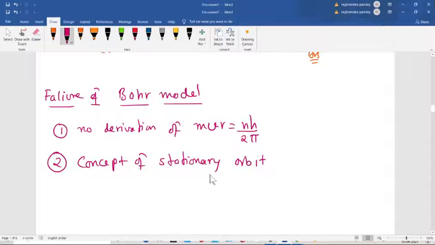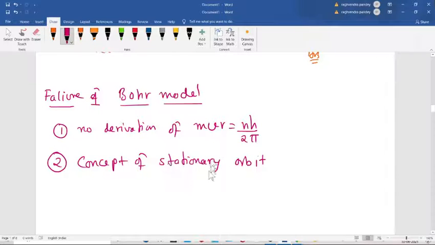Stationary orbit is that electrons do not emit energy or absorb energy while in the orbit. Why did Bohr give that? Because in the Rutherford model, the electron while going around the nucleus is emitting energy and falling into the nucleus. That is the problem. So he said that the stationary orbit is that orbit in which energy is not released or absorbed.